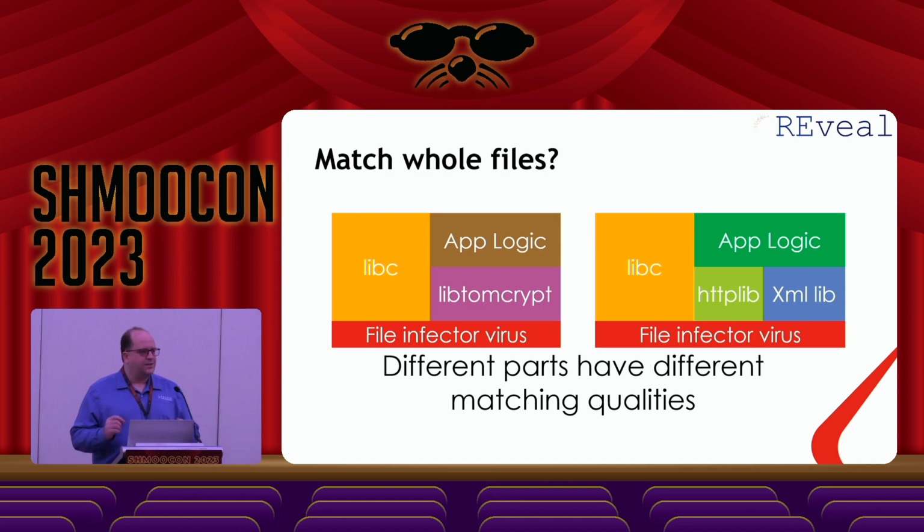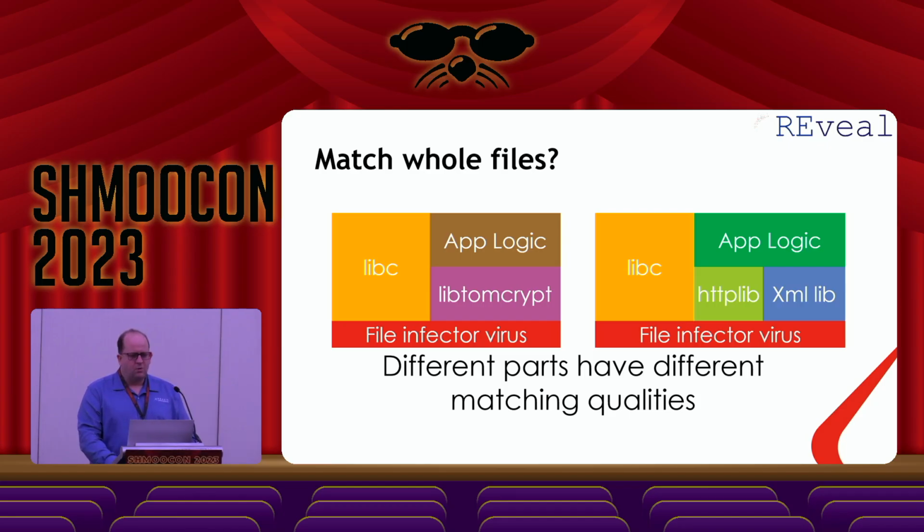If you're using this fuzzy hash matching algorithm, it's going to be weighted heavily towards all those other libraries and other things that are in it. So we have to break it down a bit more to find out exactly what parts are interesting, and we can actually match these individual parts.